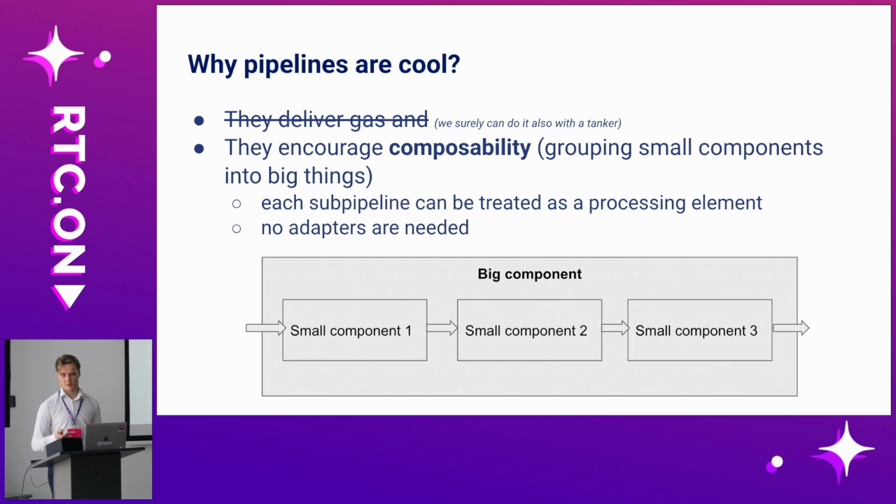The cool feature of a pipeline is that first, we can link these elements seamlessly because no adapters are needed, because the pipeline's interface already defines that they can be connected together. Another cool feature is that such a big component can be treated in the same manner as the small components. So the user of such a big component only needs to know how this big component transforms the input and what is put on output.